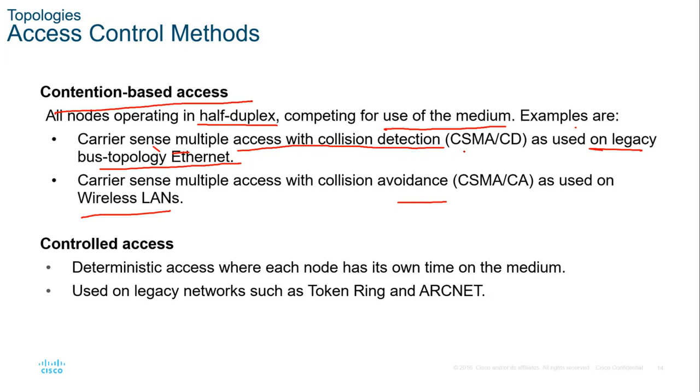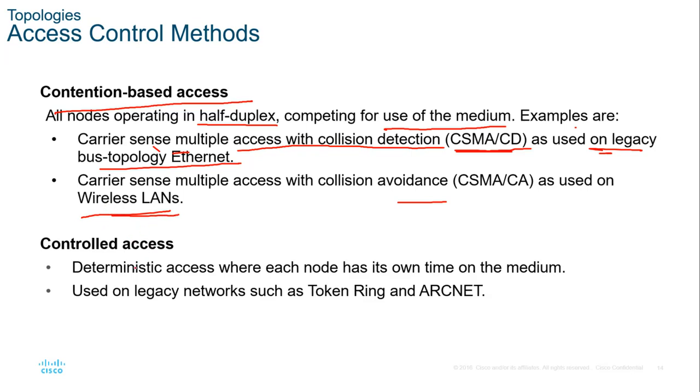Collision detection is the mechanism used on legacy bus topology, while collision avoidance is used in wireless LAN.